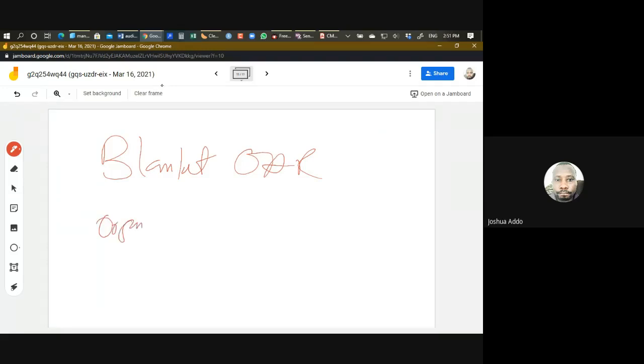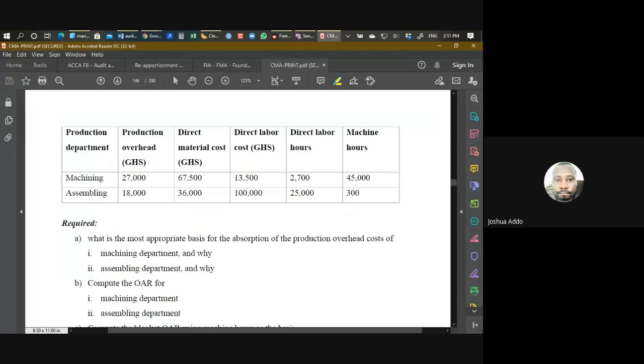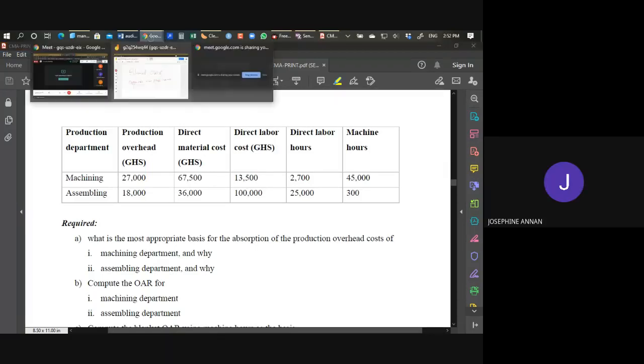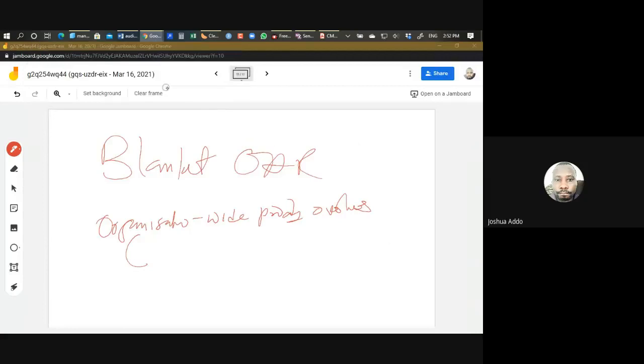Organization-wide production overheads, which is 27,000 plus 18,000. What would that be? 45,000. Yeah, 45,000. Then we find a basis.